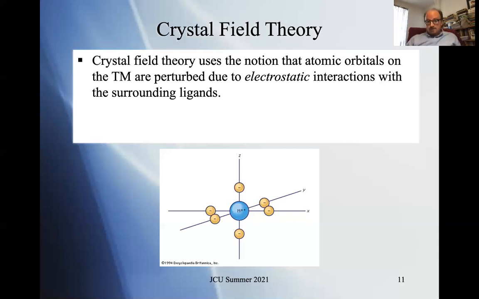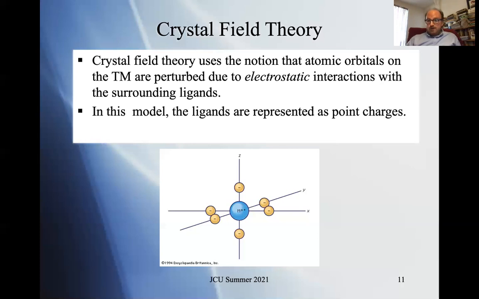Now, the underlying assumption here is that the ligand is a negative point charge, right? This is an assumption that we now know to be incorrect. But again, it's a simple assumption that we could use in the model, right? So it assumes that the ligand is a negative point charge, which means that it's a negative charge with basically no volume, right?